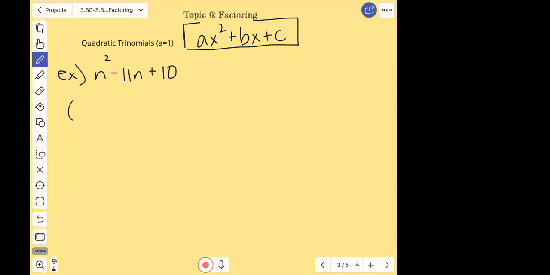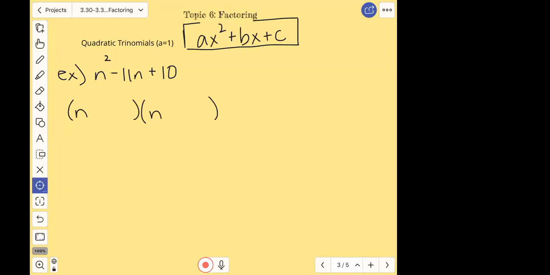And so we know that we're going to have 2 binomials. Essentially, again, we're backwards multiplying, backwards FOILing, which is just multiplication. So in our first spots here, we know that an n goes here and an n goes here. That's because we have to multiply first times first to get n squared. We're just working backwards.